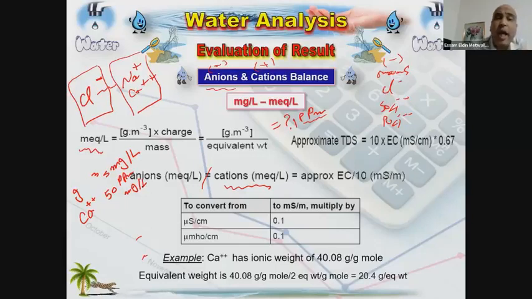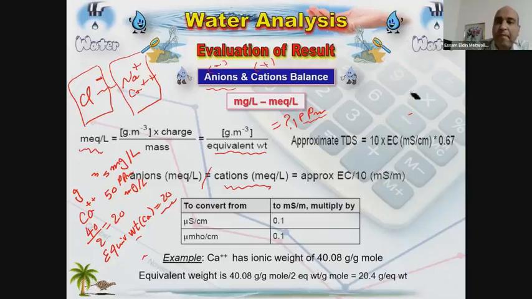The molecular weight of calcium is 40, and its charge is 2, so the equivalent weight for calcium equals 20. The concentration of calcium equals 50 milligram per liter.